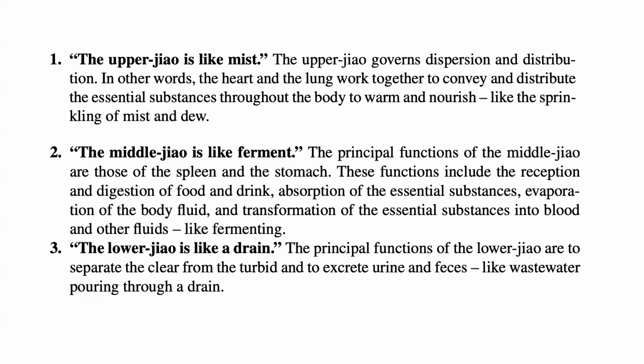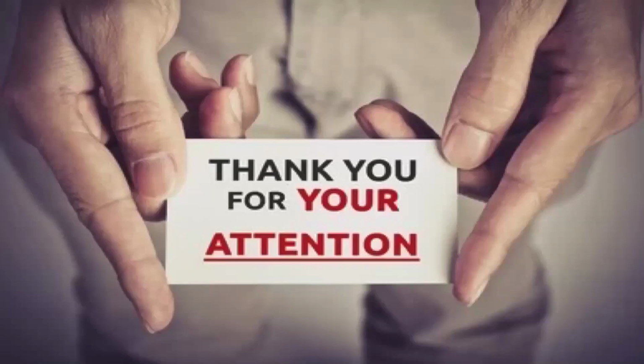These functions include reception and digestion of food and drink, absorption of essential substances, evaporation of body fluid, and transformation of essential substances into blood and other fluids, like fermenting. And number 3, lower jiao is like a drain. Principal functions of the lower jiao are to separate clear from turbid, and to excrete urine and feces, like wastewater pouring through a drain.